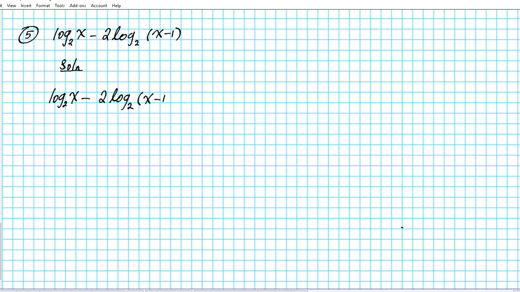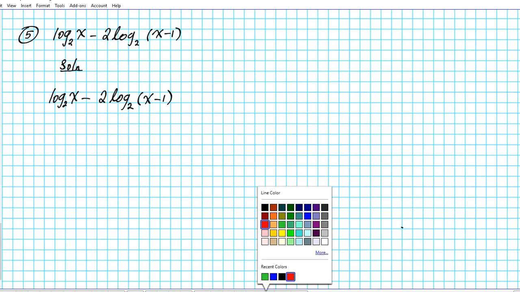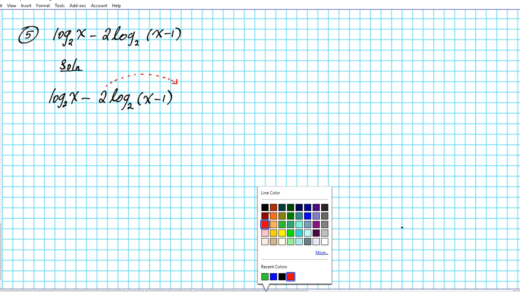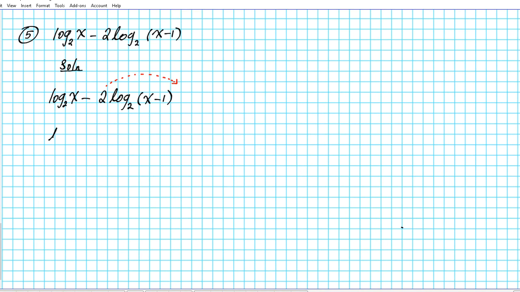Now, before we condense these two, we have to make sure that they are identical logarithms with no coefficients. This has a coefficient that has to be addressed. To clear out this coefficient, we're going to use the power property of logarithms to power this up. This becomes an exponent. And we have log base 2 of x minus log base 2 of x minus 1 raised to the second power.